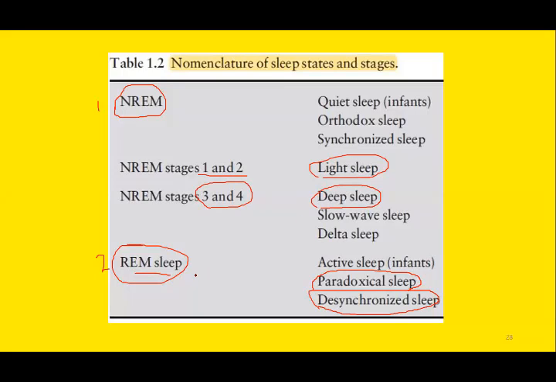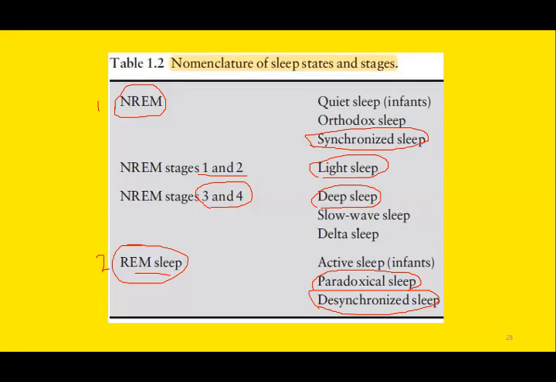In contrast to REM sleep, the brain waves of non-REM sleep, or the electroencephalogram, are much more synchronized. That is why non-REM sleep is also known as synchronized sleep. The electroencephalogram is in harmony, in a synchronized pattern.